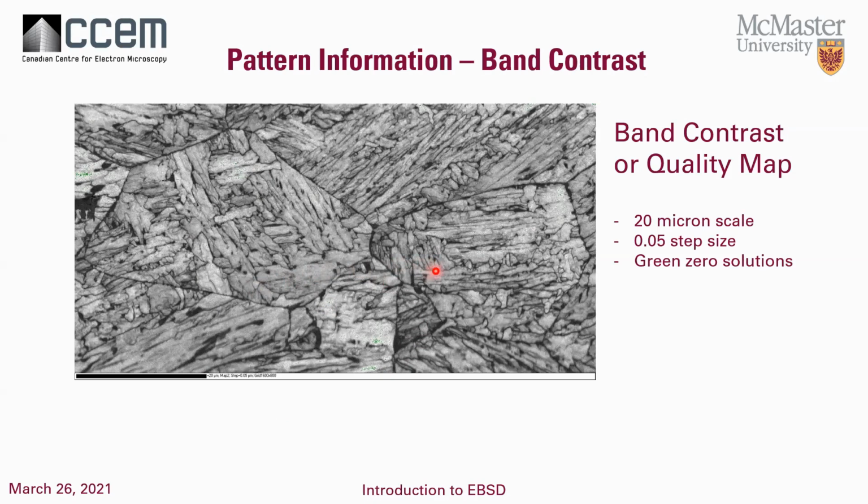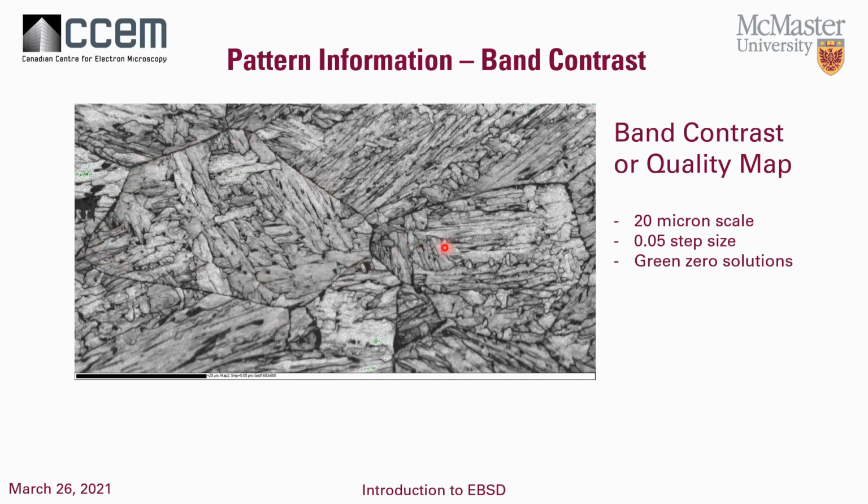There are some zero solutions here which are sort of green, but kind of hard to see at this sort of magnification. But this gives you sort of an idea of the quality of the patterns that you've collected. It also gives you sort of information about the microstructure as well.